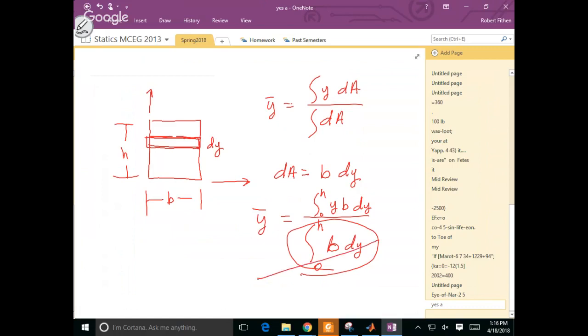And then this term just becomes h times b, something you knew before we even came in the room. So y bar is equal to the integral of y b, which I could take out, over the area, from 0 to h.